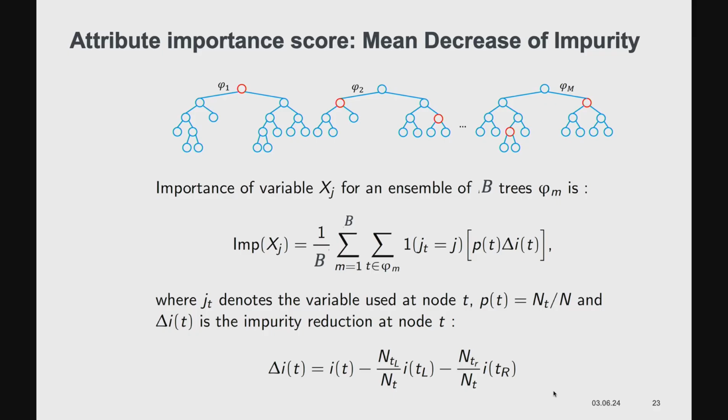So here we use the impurity reduction, we don't use the ratio. So here we don't use the entropy in the denominator, just the impurity reduction.